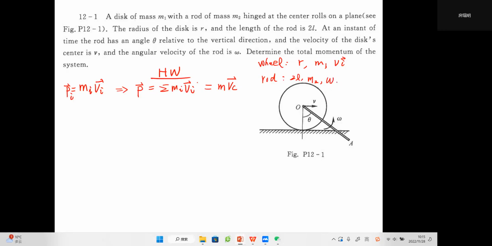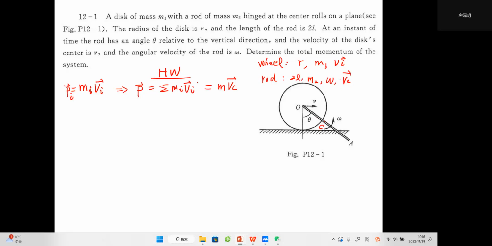And actually, we know its center of mass will be at half the length along OA. So here maybe just here is its center, right? So here we don't know its vC. We don't know its absolute velocity vC.